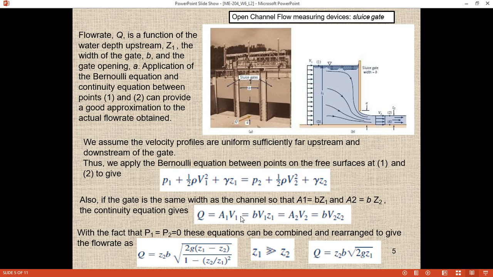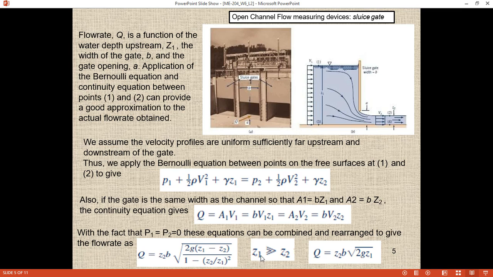You can put V1 equal to Q over B Z1, and V2 equal to Q over B Z2. Insert these V1 and V2 values in this equation and solve for Q. Finally you end up with Q equals B Z2 times the square root of 2g(Z1 minus Z2) divided by the square root of 1 minus (Z2 over Z1) squared. This is the final flow rate equation for the open channel flow.